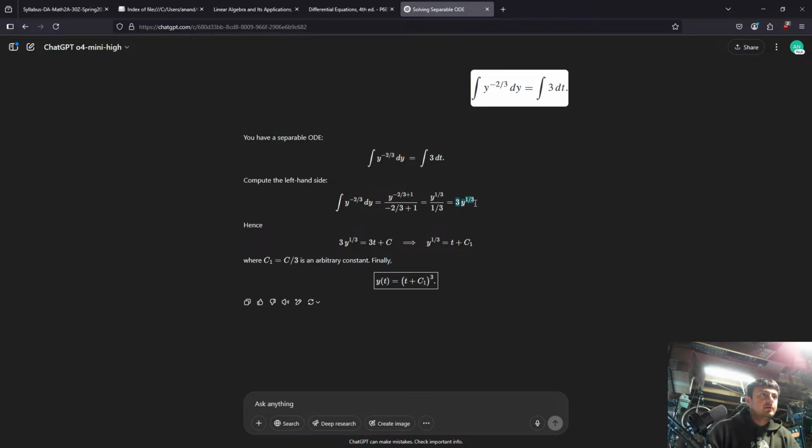Oh, because you divide. That's why. Okay, because I multiply by 1/3. So yeah, you're going to get 3y. So then you divide. Okay, so then you do get y of t is equal to t plus c cubed. Okay, great.